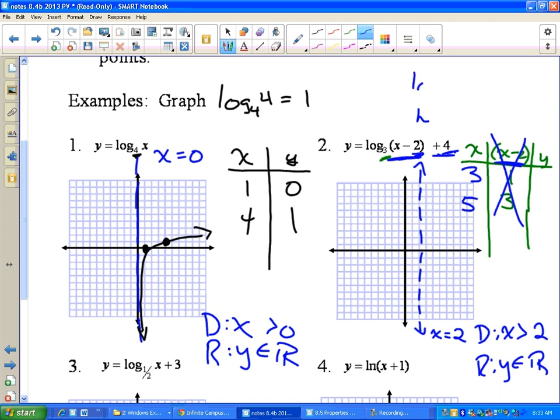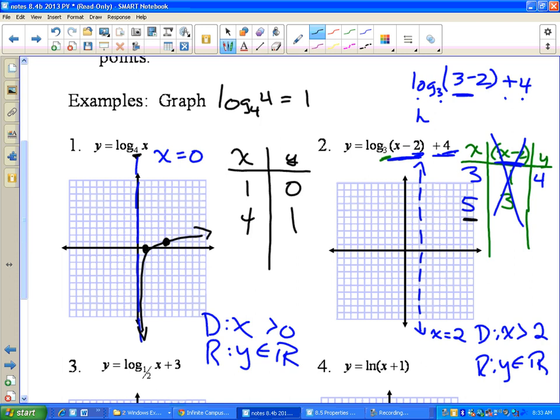And I'm going to do log base 3 of 3 minus 2 plus 4. Well, what's 3 minus 2? 1. What's log base 3 of 1? 0 plus 4 is 4. Every time. Whenever the argument is 1, the log is 0.